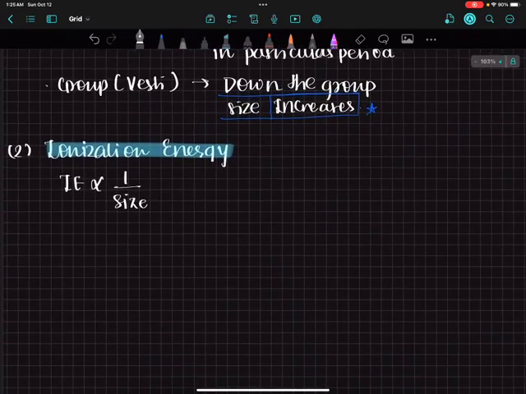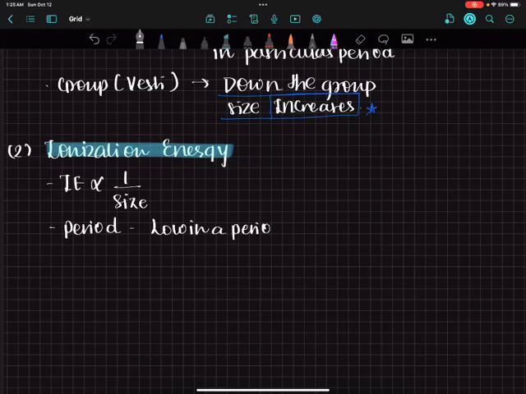Hence along the period it is low, and in the group, ionization enthalpy decreases as we go down.